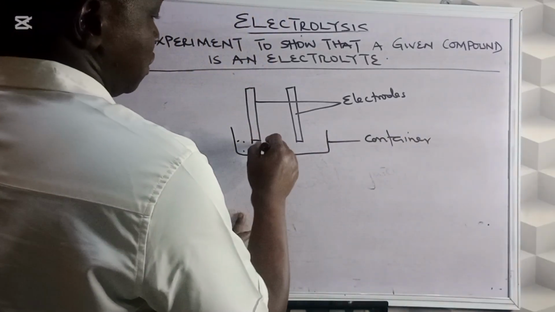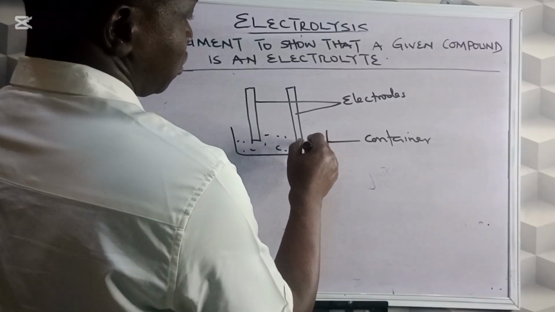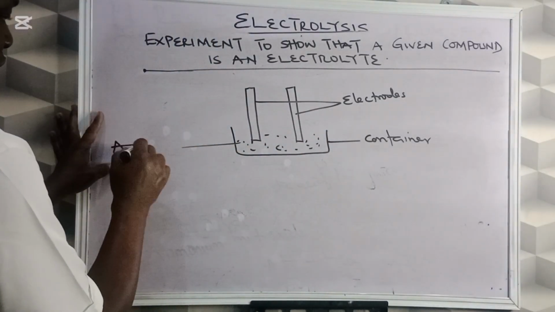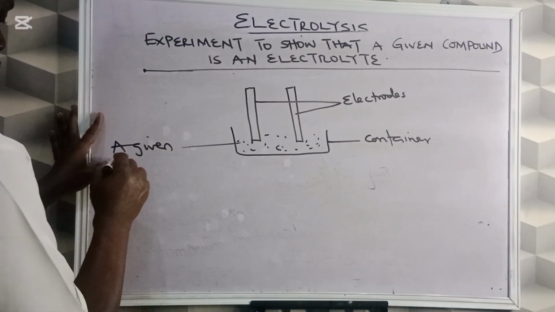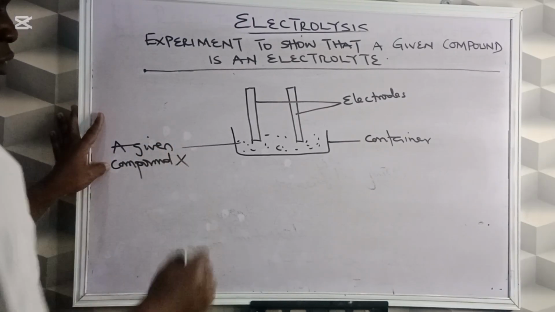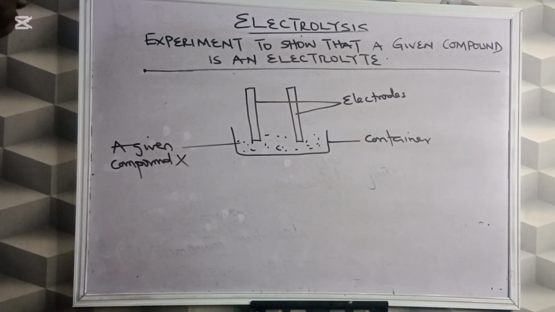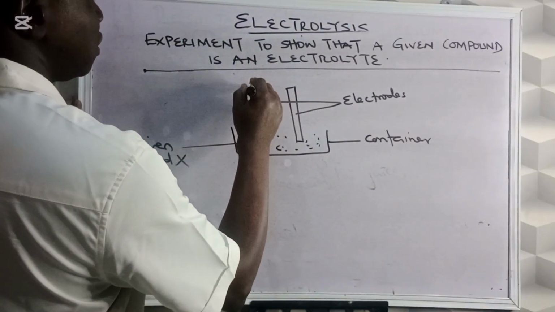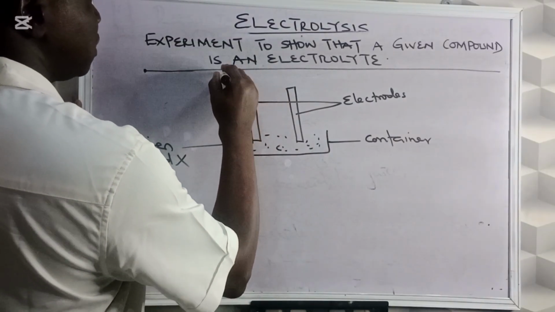Here we have a given compound X, that we want to show whether it's an electrolyte or not. So you connect this like this.